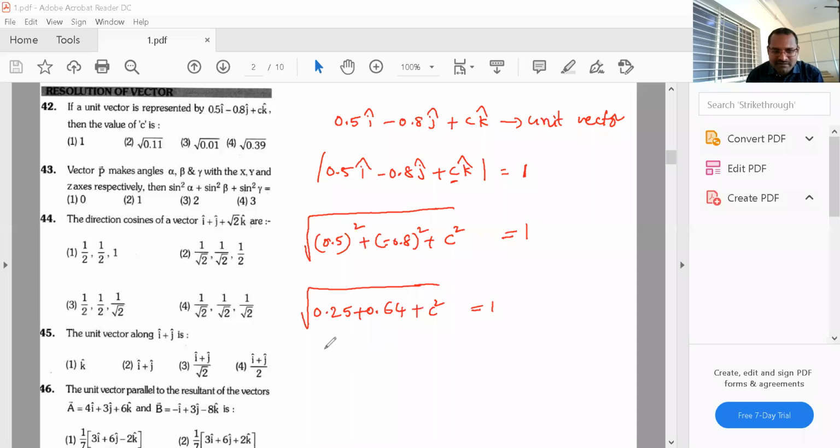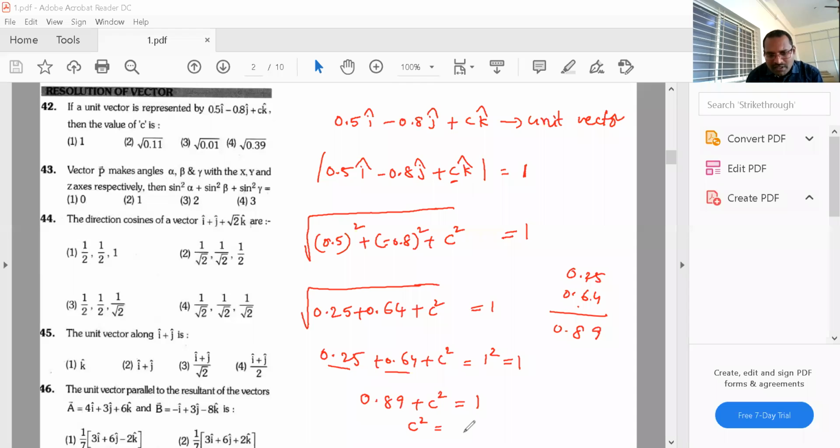Removing the root, it becomes 0.25 plus 0.64 plus c square is equal to 1 square, which is nothing but 1. Adding 0.25 and 0.64: 5 plus 4 is 9, 2 plus 6 is 8, so 0.89. 0.89 plus c square is equal to 1.